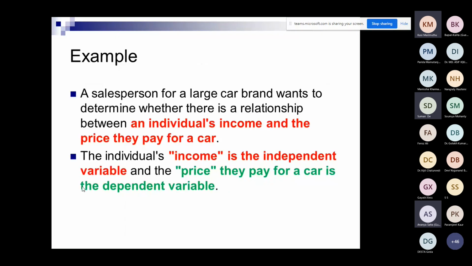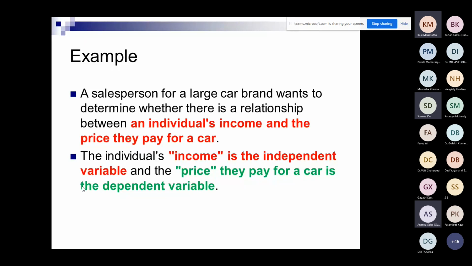Another example, in advertising: someone conducting car sales asks whether income is related to how much they spend on a car. Do you think income influences the price of the car they go for? Suppose someone is getting 15 lakhs per annum, how much car may they go for? It depends. If someone's annual income is 4 lakhs, they may go for a low-end car. So income influences the car price they go for.